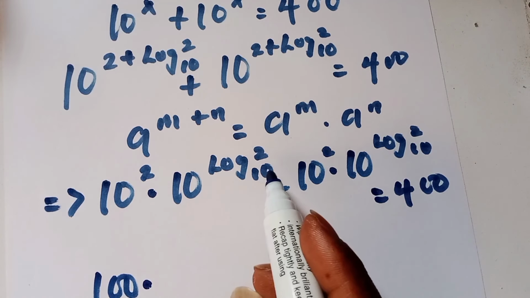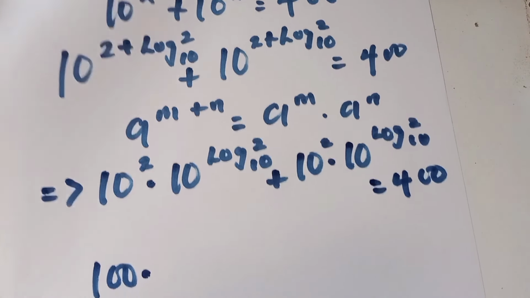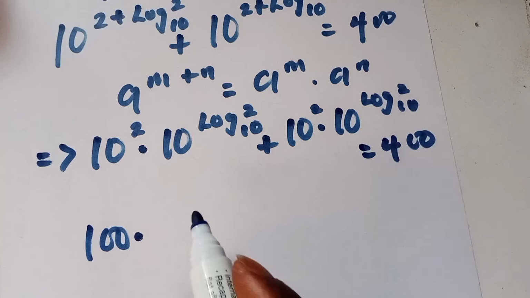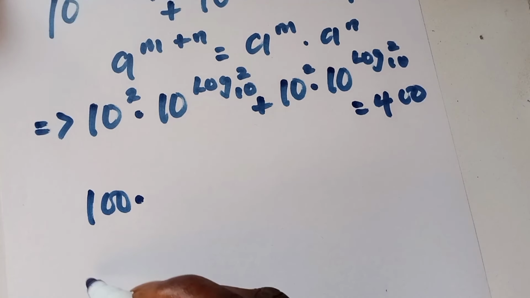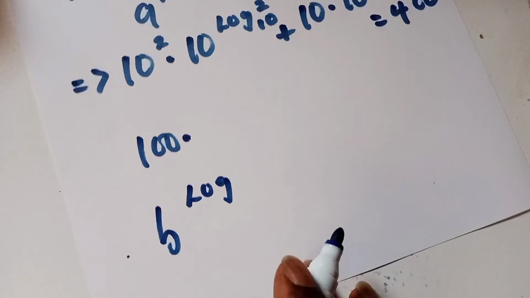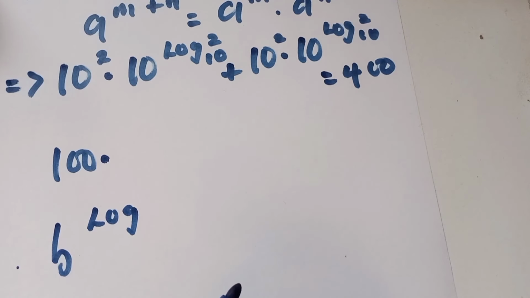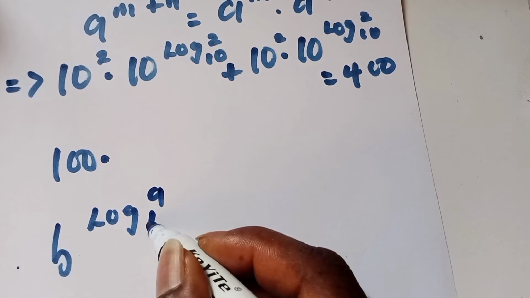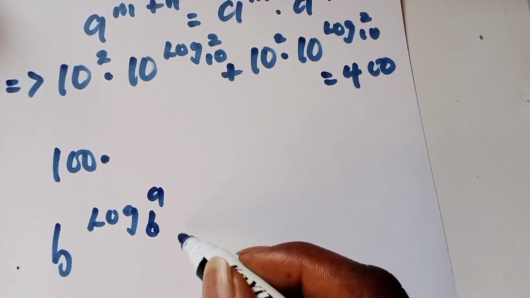When you have b raised to power log a base b, using the logarithm rule, this is equal to a.